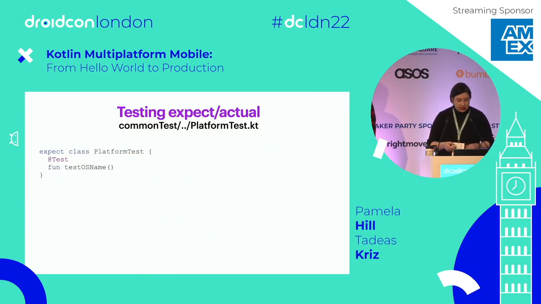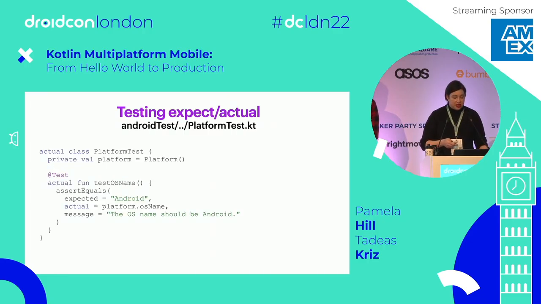We can also go ahead and expect the platform test. We're now in commonTest looking at an expect class, and that means we're going to mandate that we have both the platform tests on each supported platform as well as a test called test iOS name or OS name on each platform. That is pretty good because then it's going to be on both Android and iOS, and we're forcing it.